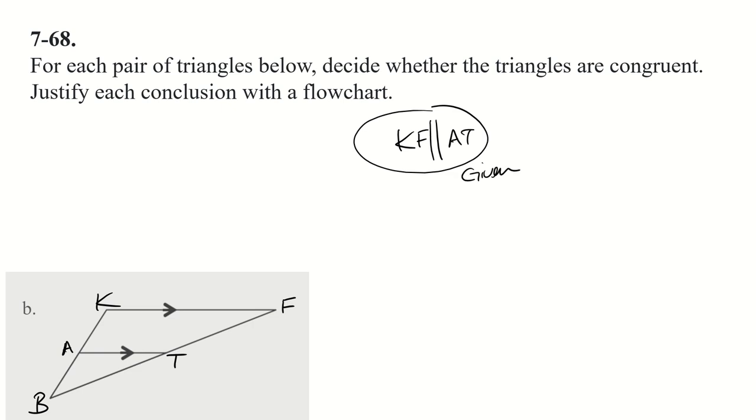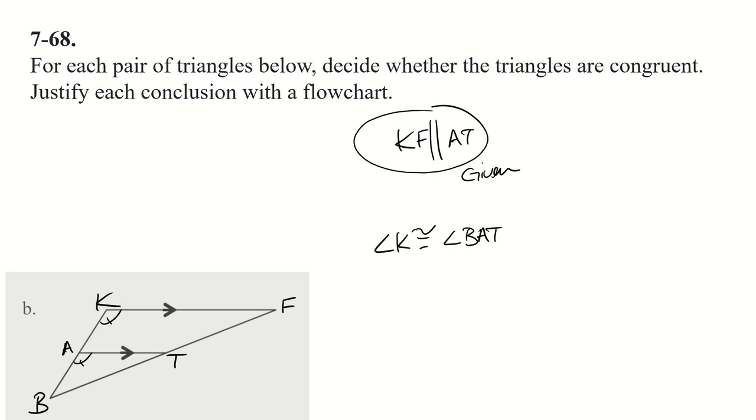So I have a pair of parallel lines. But what we said is whenever we talk about parallel lines, the thing we should be looking for is congruent angles. And I know up here that this angle, angle K, I can say is congruent to angle BAT.